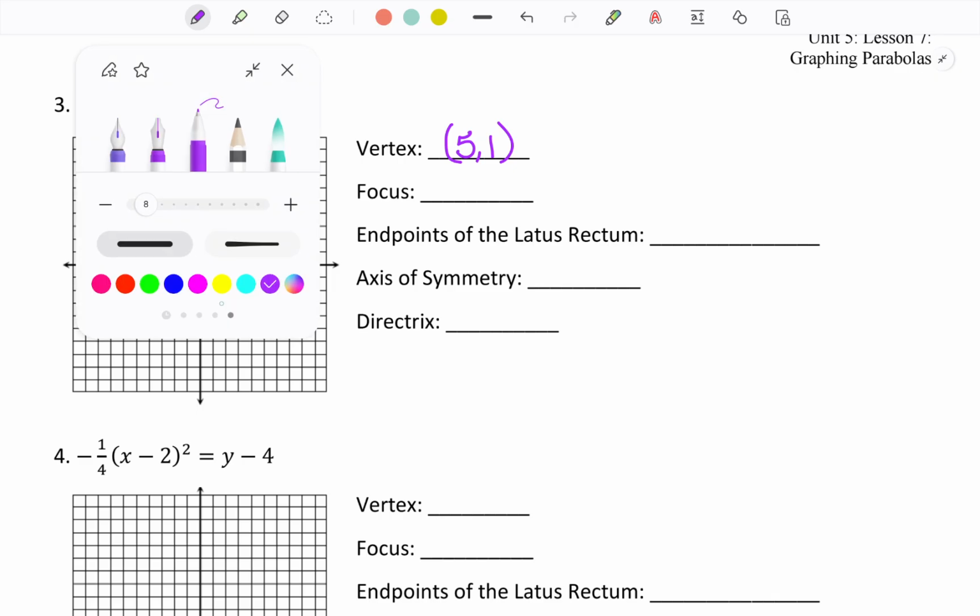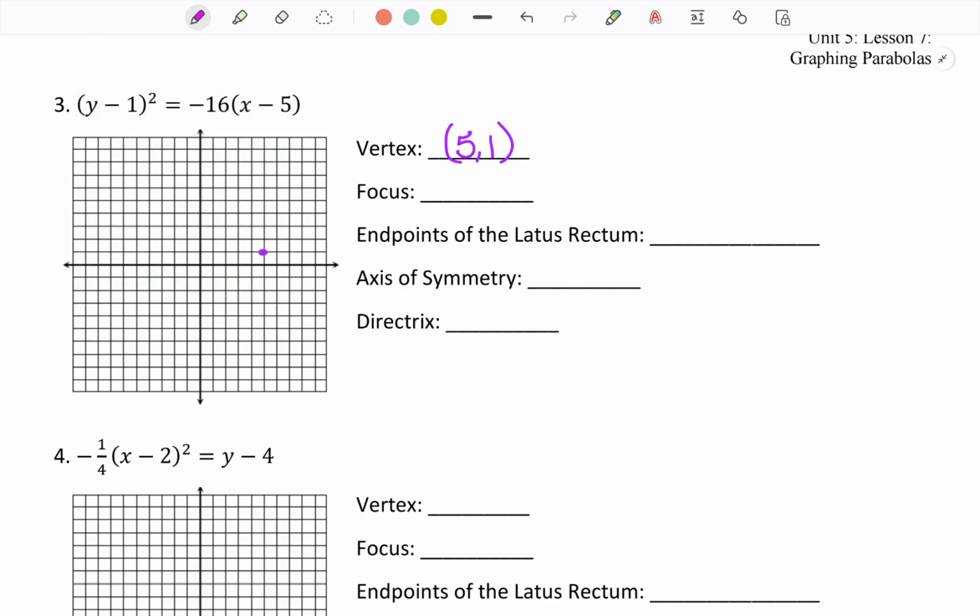And then our p, we've got 4p equals -16, so p equals -4. And so that has us opening to the left. And so we will go 1, 2, 3, 4 to the left to get our focus. And that makes our focus at 1, 1.